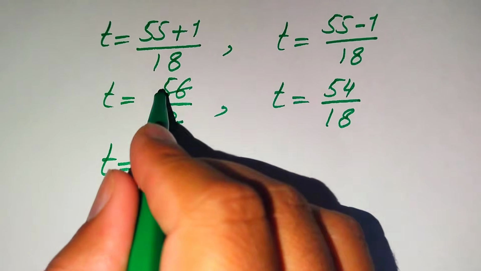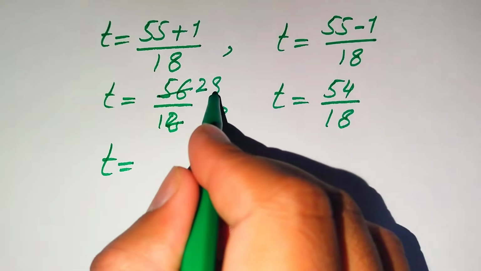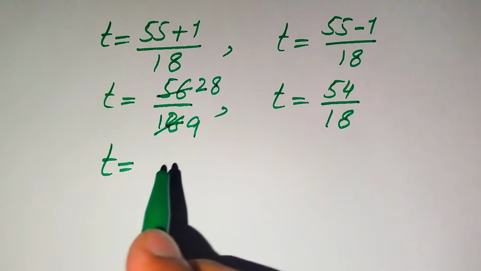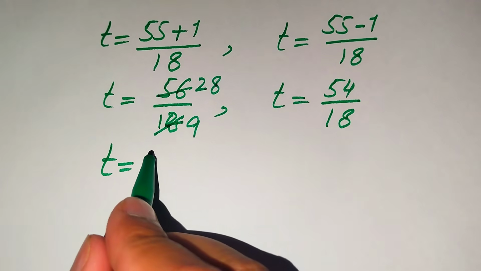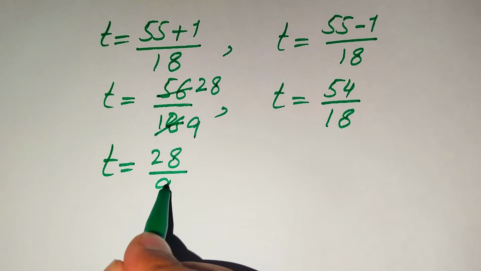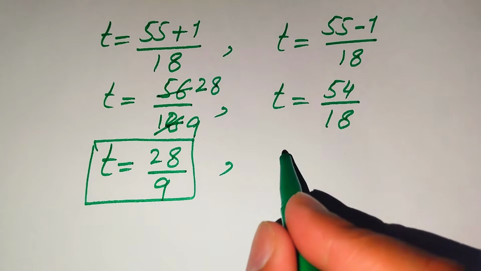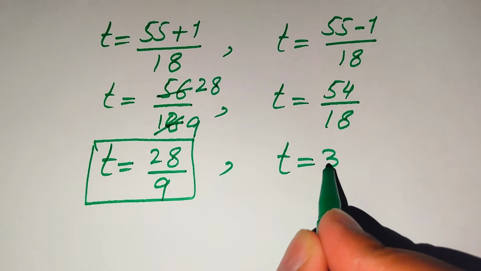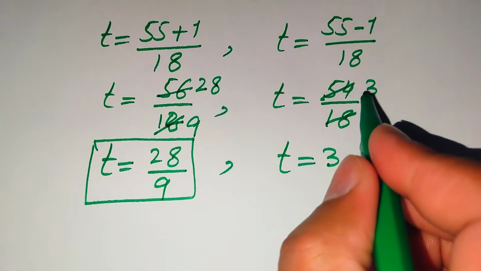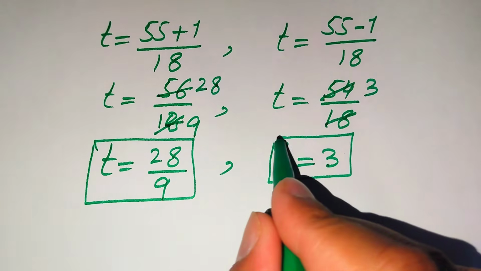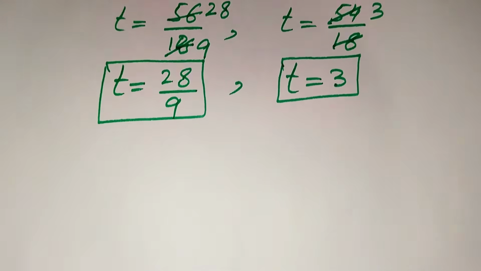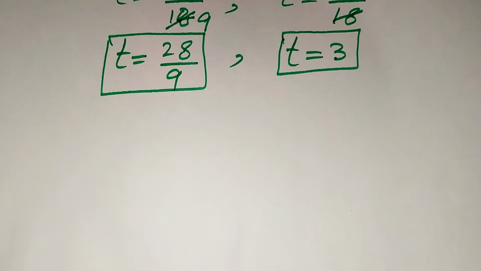So we get 2 times 2 becomes 4, 2 times 8 becomes 16, and 2 times 9 becomes 18. So we get the first value of t equals 28 divided by 9, and in this case we easily get the value of t equals 3 because 18 times 3 becomes 54. So in the first method we get these two values of t.